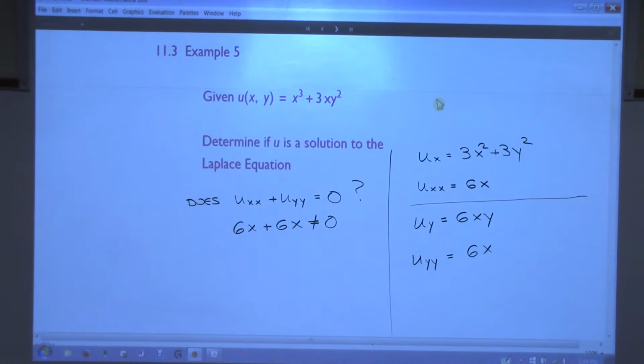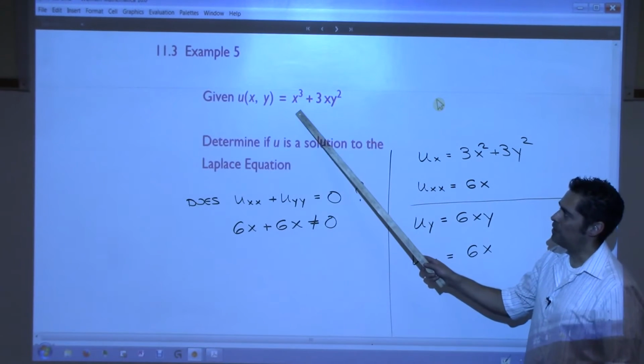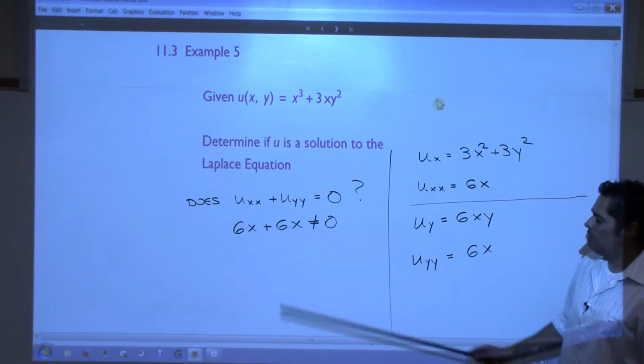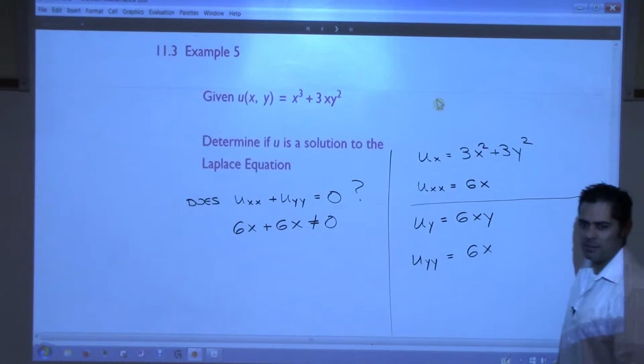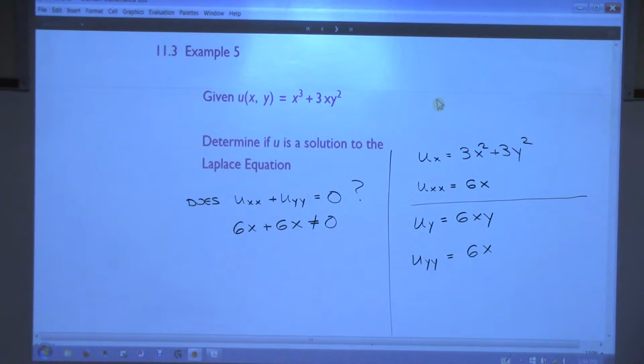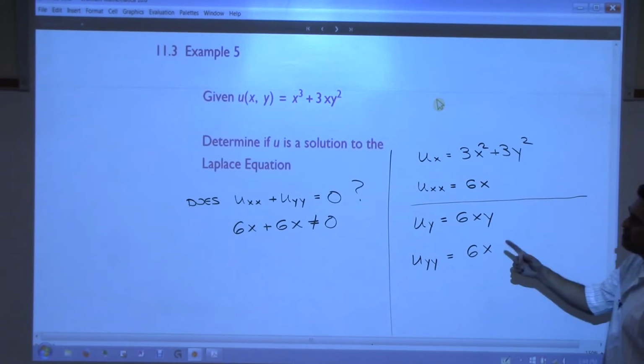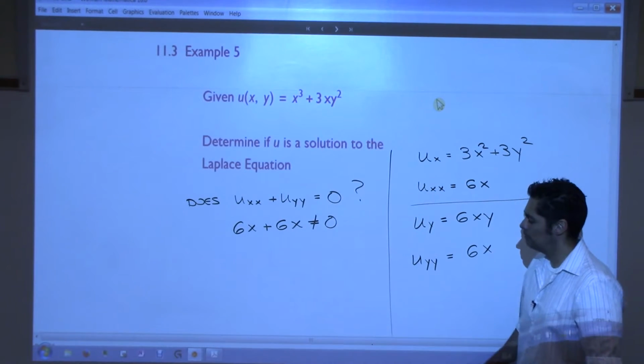If x is 0. But if x is 0, then what's the function? The 0 function, and that's boring, right? That's the trivial solution. It doesn't make any sense for us to think about that. So what we're looking for is a family of functions that satisfy this. This definitely does not live in that family.